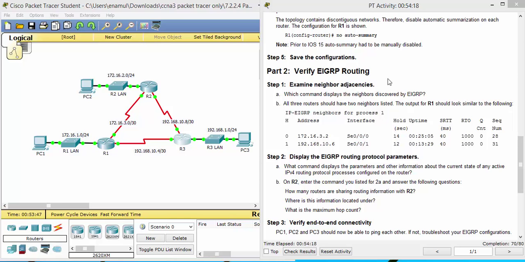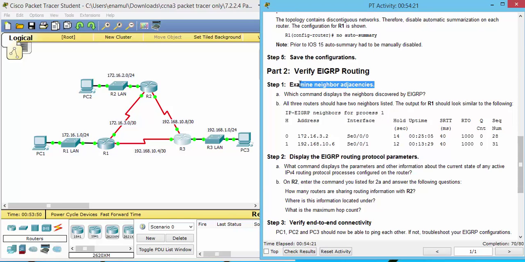Now part 2, examine neighbor adjacencies. The goal of any dynamic routing protocol such as EIGRP is to learn about remote networks from other routers and reach convergence in the routing domain. Before any EIGRP update packets can be exchanged between routers, EIGRP must first discover its neighbors.